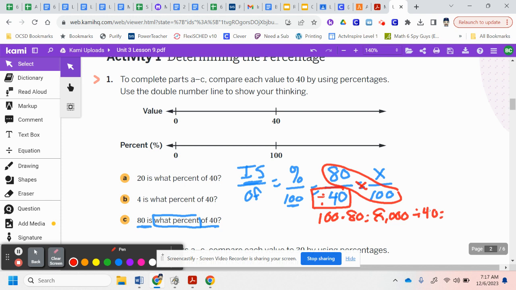And when I divide, I get 8,000 divided by 40, which would be 200. So 80 is 200% of 40 because it's double that part.